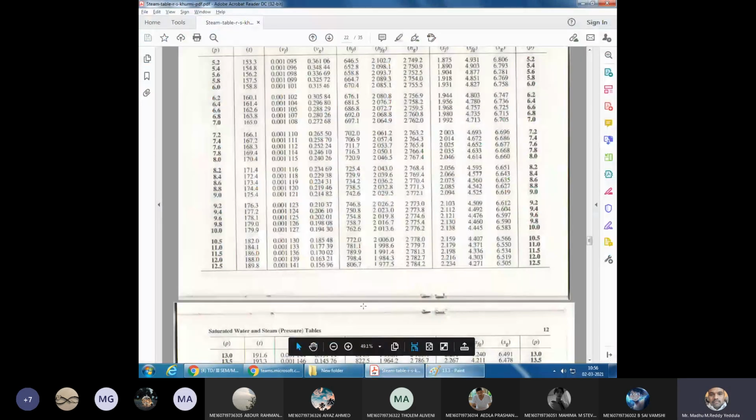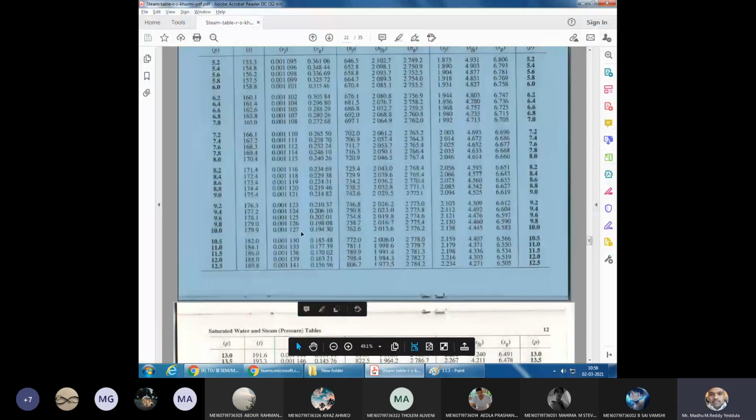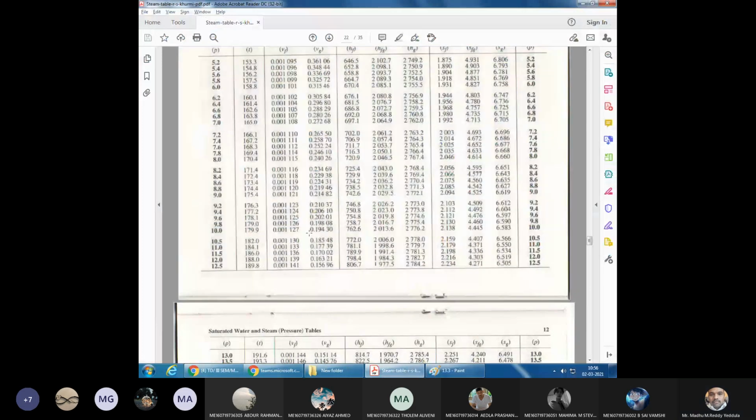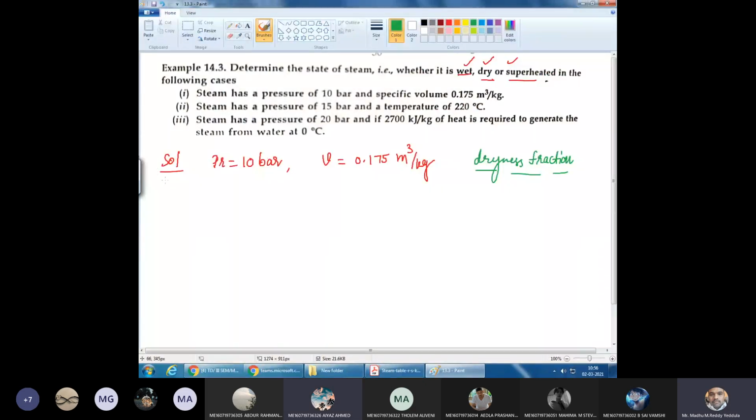Steam is given, so I need to consider vf or vg. Tell me. vg, sir. Very good. At 10 bar pressure, let me write 0.194, from the saturated water and steam table.